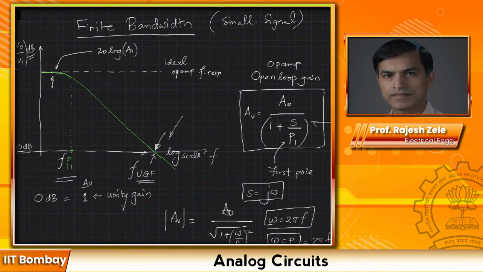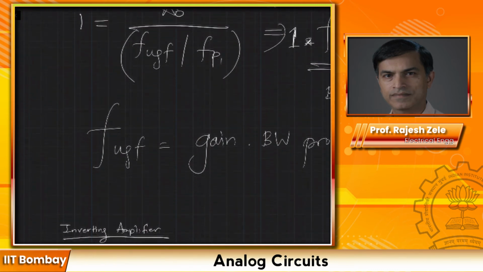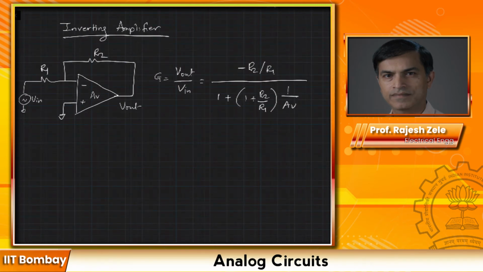A0 is the DC gain when s is equal to 0, and as a function of frequency, AV is given by A0 divided by 1 plus s divided by P1, P1 being the location of the first pole. So let's substitute this in this particular expression, and you will see an interesting result come out of it.